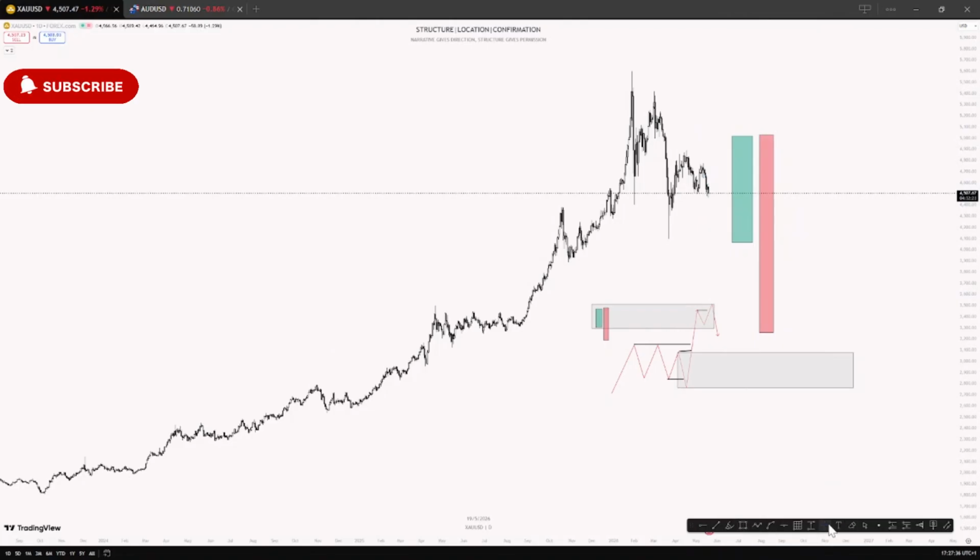So you have, for example, on gold, 1,000 sell orders at 4,565, and then on that same gold, you now have 400 buy orders at that same price point, 4,565.